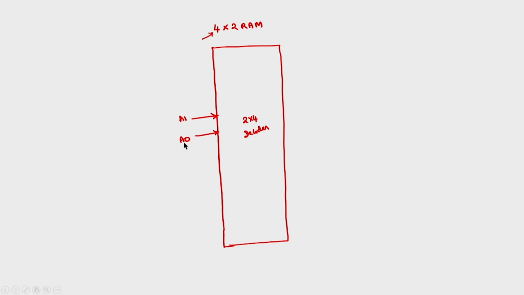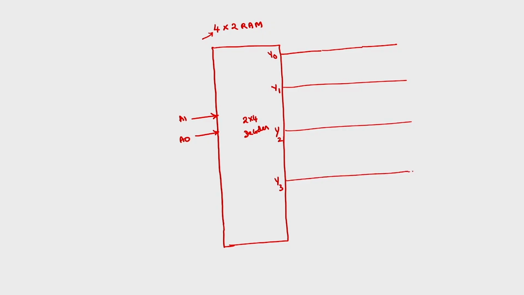A1 is MSB, A0 is LSB, and 4 outputs, Y0, Y1, Y2, Y3. And total we will be having 8 basic cells because 4 into 2 is total 8 bits. So we need 8 basic cells.